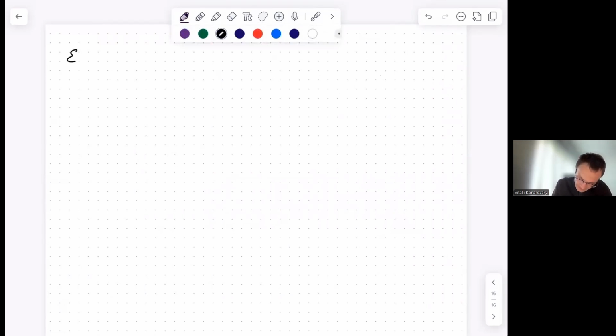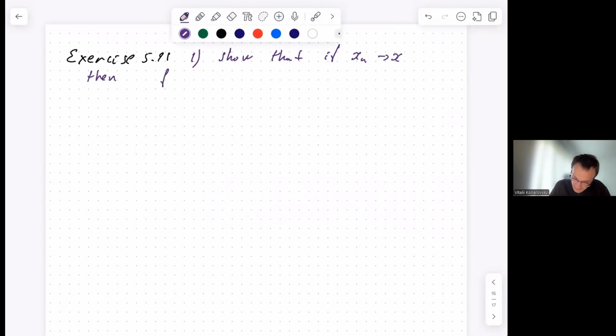It is exercise 5.11 in the lecture notes. The first part is actually not very useful for us, but let's formulate it. Show that if xn goes to x, then f lower semi-continuous regularization of point x is less or equal than the limit as n goes to infinity of f of xn.